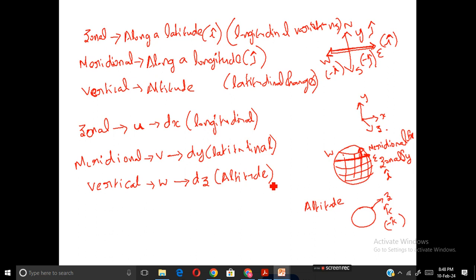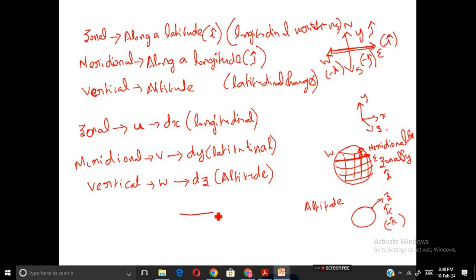Dx means it is I. No, I'm telling the movement is along a latitude, but the variations are coming in the longitude.